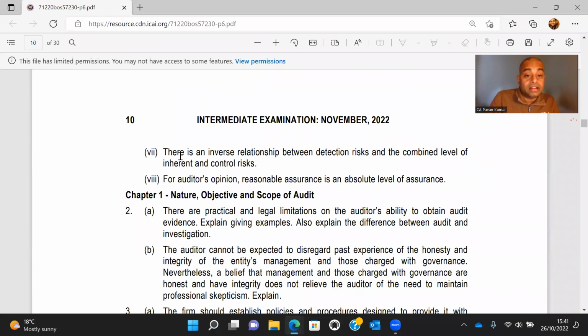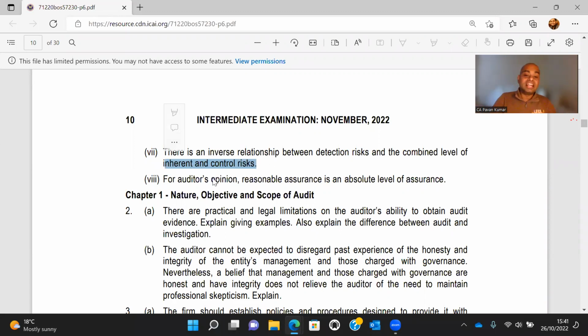No, 7. There is an inverse relationship between detection risk and combined level of inherent and control risk. Inherent and control risk put together, there is one name. What is that? Inherent risk, control risk put together, they call something. RMM, risk of material misstatement.